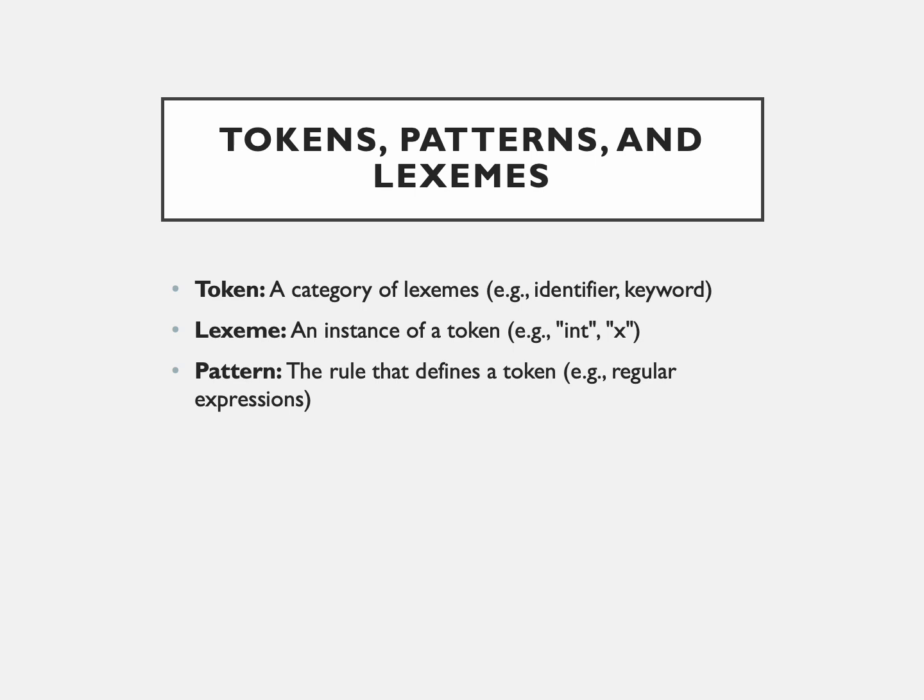So, by combining these three components, a lexical analyzer can efficiently recognize and categorize parts of the source code. For example, it matches a lexeme like x to the identifier token by checking if it adheres to the pattern for identifiers. We'll also see an example here now.